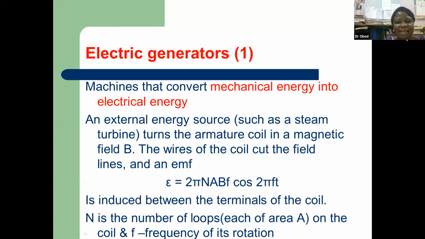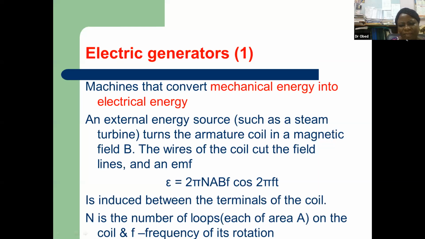An external energy source, such as a steam turbine, turns the armature coil in a magnetic field B. The wires of the coil cut the field lines, and an EMF is produced, which is equal to 2 pi N A B f times cos 2 pi ft. So this EMF is induced between the terminals of the coil.